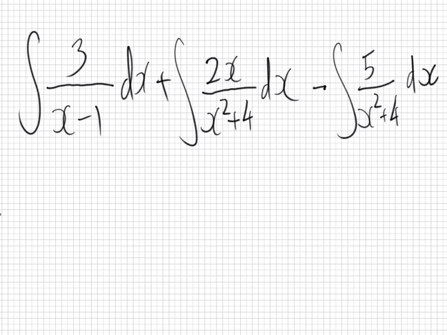The first one, how do we do the first one? 3 log x minus 1, it's in the formula book, like the last example. So this will be 3 log x minus 1. The second one, how do we do the second one? What method are you using?